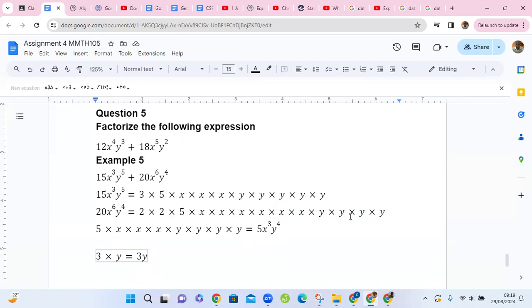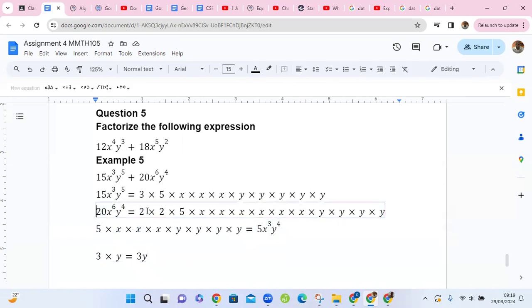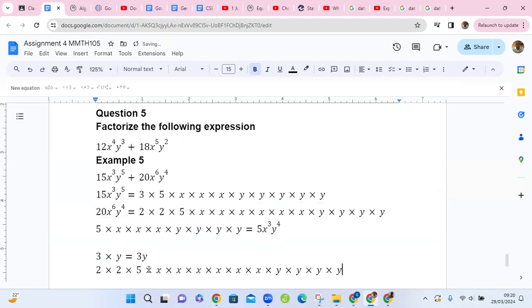The other one inside now. This one here, let us simplify this. Let us divide out the highest common factor from this to know what is the quotient that's going to be left to put in the bracket. So when we divide out 5, what are we left with? 2 times 2.